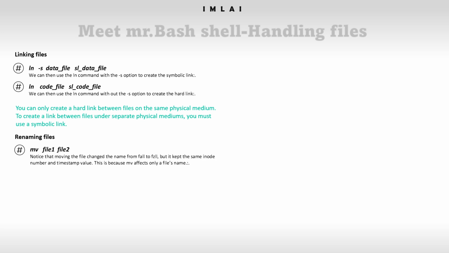The mv command is available to move both files and directories to another location or a new name. Notice that moving the file changed the name from, for example, FALL to FZLL, but it kept the same data inside, number and timestamp value. This is because mv affects only a file's name, not the properties.